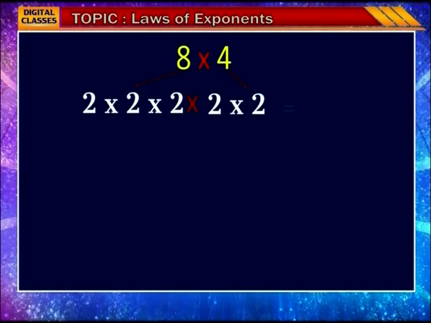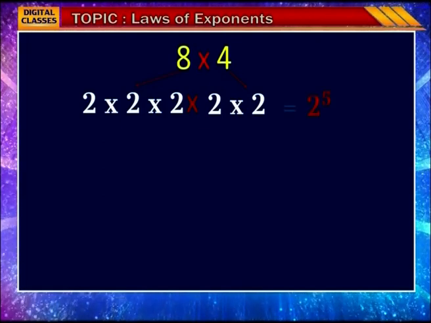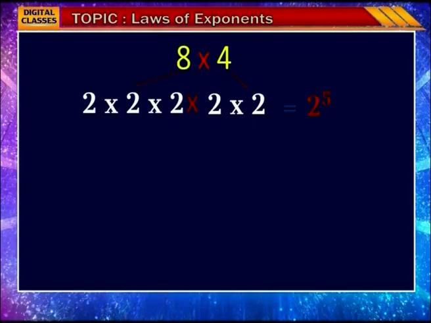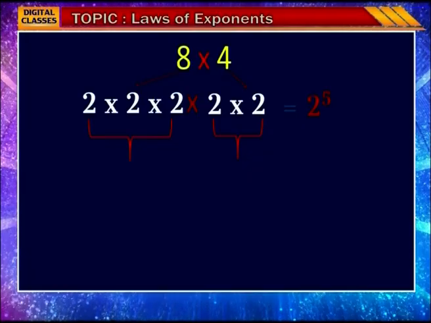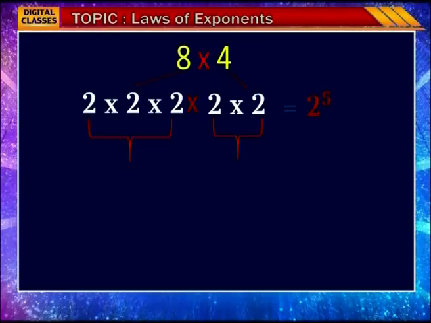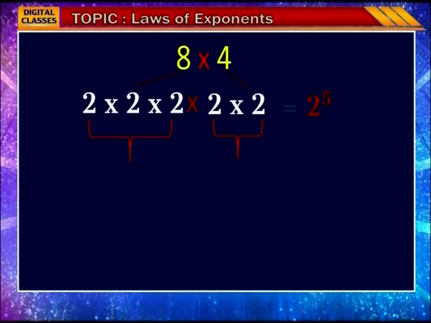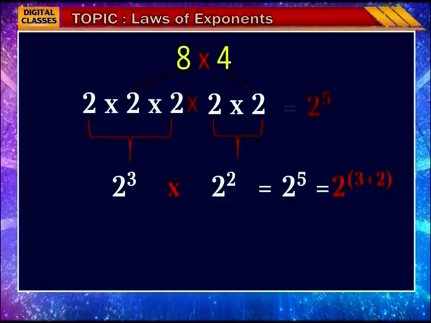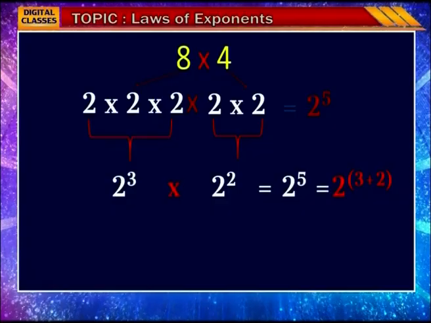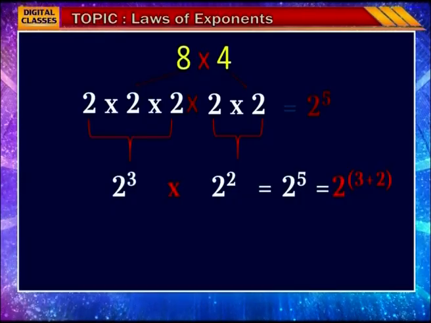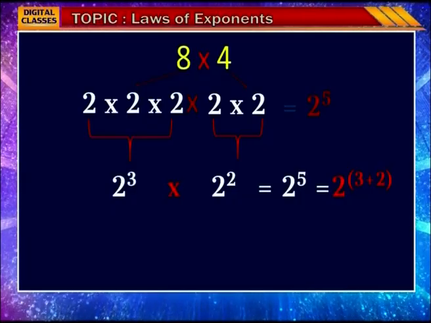There are 5 2's, so we can write 2 to the power of 5. Now we group 3 2's and 2 2's. 2 into 2 into 2 can be written as 2 to the power of 3 and 2 into 2 as 2 to the power of 2. Now when you look at the RHS, it is 2 to the power of 5.